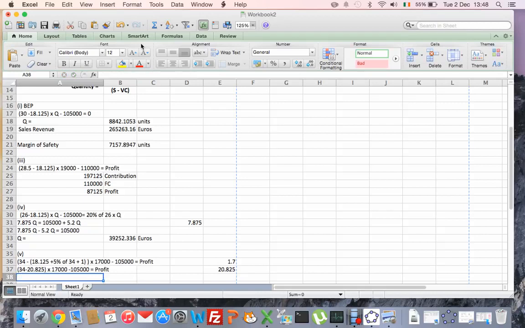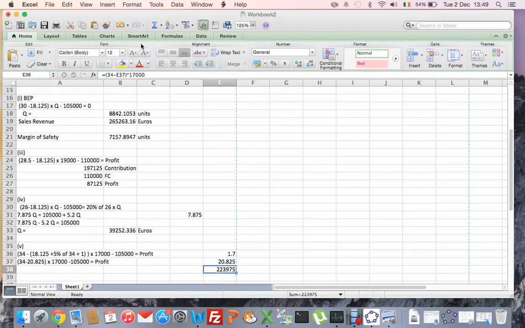So if I start working out this part here, 34 minus 20.825, multiply that by our 17,000. So that's the figure.